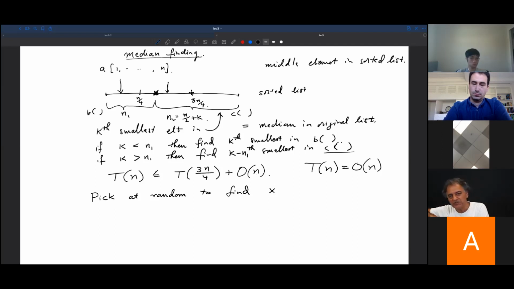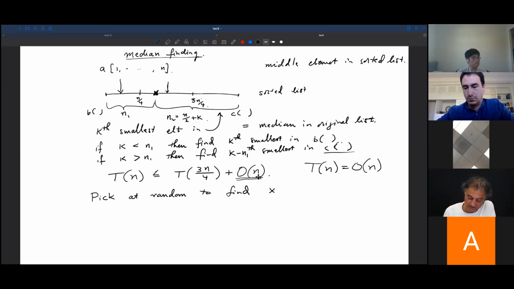What we'll actually show is that we'll just keep picking x at random, and the expected number of tries before we actually pick an x between n over 4 and 3n over 4 is exactly 2. So the expected amount of time that we'll take to get a problem of size at most 3n over 4 is still big O of n.